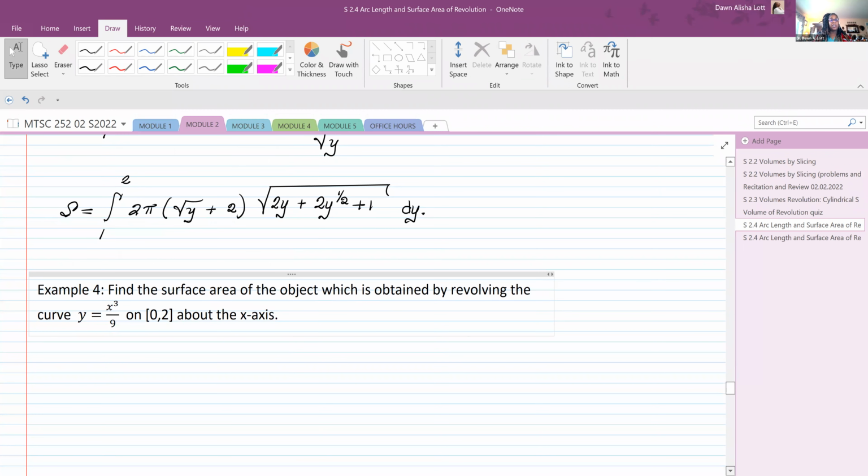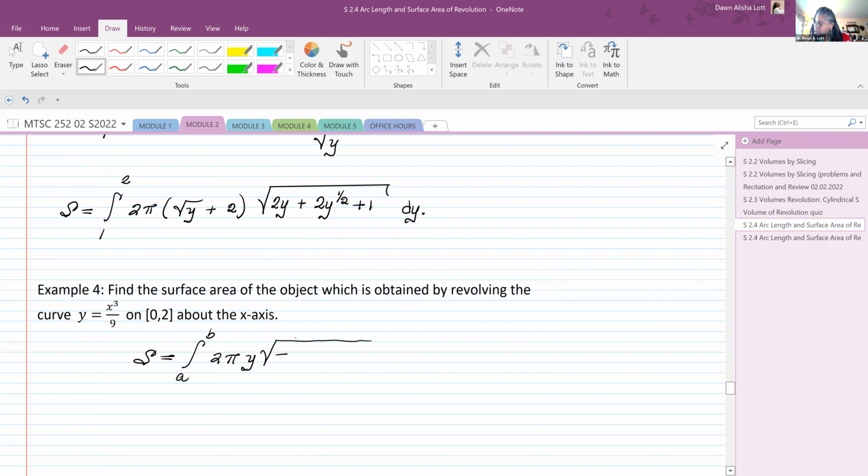This one's about the x-axis, so I'm going to use the regular formula S: the integral from a to b of 2 pi times y times the square root of 1 plus (dy/dx) squared dx. So I want you guys to get started working on this integral. I'm going to pause for a minute to give y'all a chance to work on it.